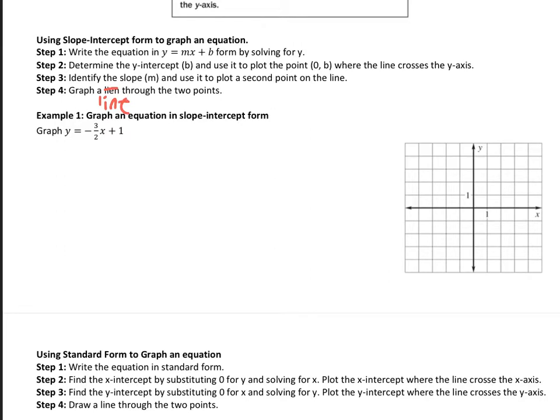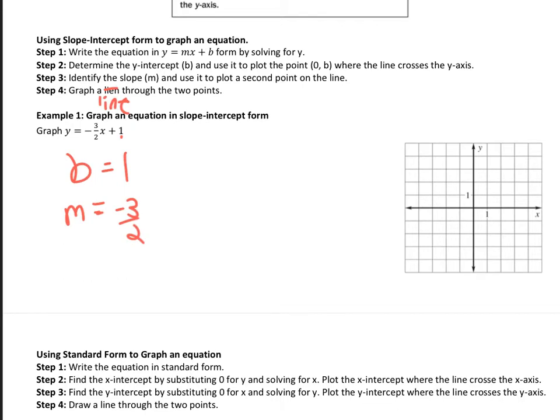So, in example 1 here, graphing an equation in slope-intercept form. Like I said, find the y-intercept, find the slope, and then you use those to help graph 2 points for your line. So the y-intercept is the constant. In this case, that is just 1 in this graph. The slope is -3/2.